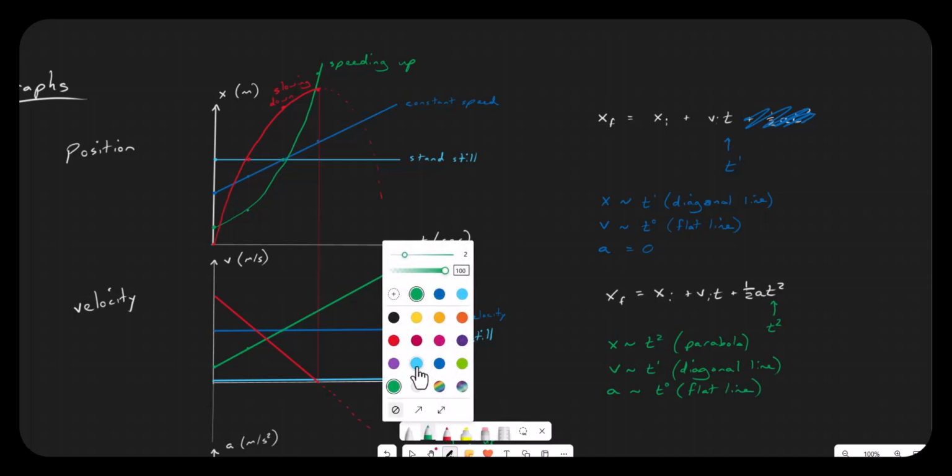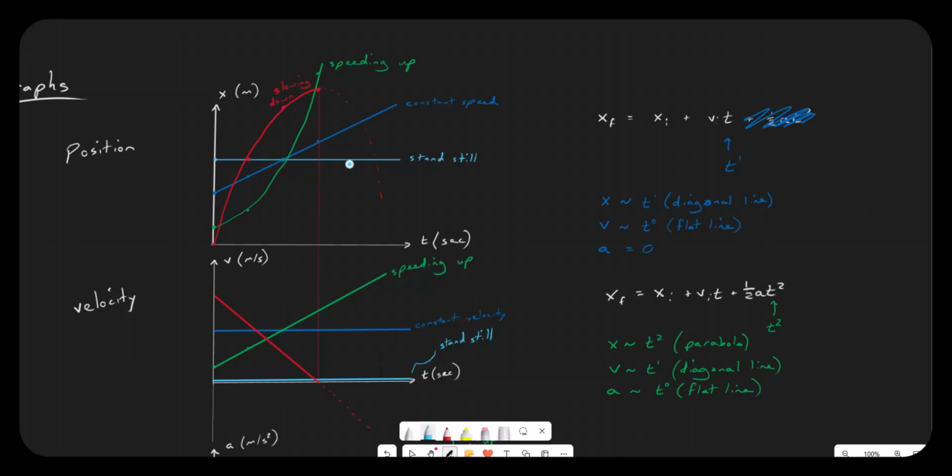If I were looking at the standing still case, then my x is just x initial, right? My x looks like a t to the 0, which is a flat line. And as soon as that is a flat line, as soon as that is a t to the 0, that means my v will be 0, and my acceleration will be 0.